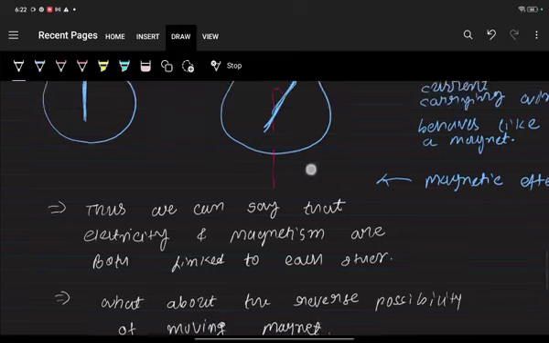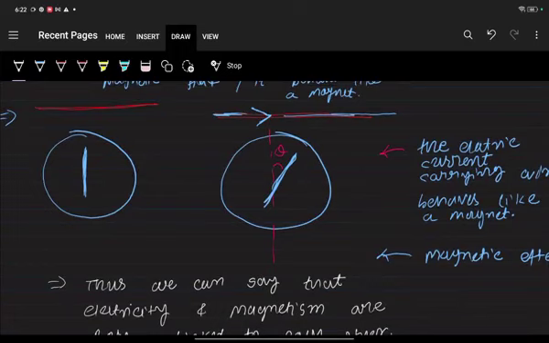Here we can see the charges were flowing through the wire. Basically, electric current was flowing through the wire, and because of this electric current, the magnetic needle deflects, or we can say it produces a magnetic field, right? It produces some magnetic effect, right?